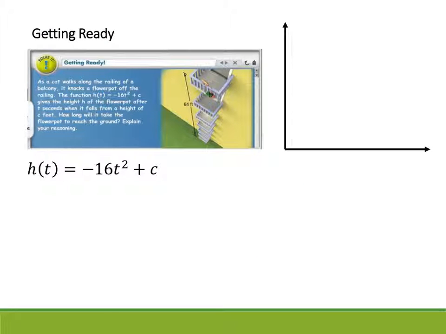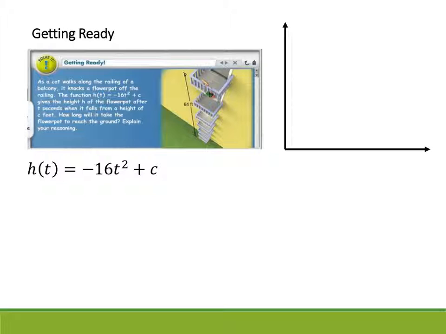So let's work a problem that might help you to understand what these functions are designed to do. Consider the function h of t is equal to negative 16t squared plus c. This function is designed to model dropping an object from a given height.